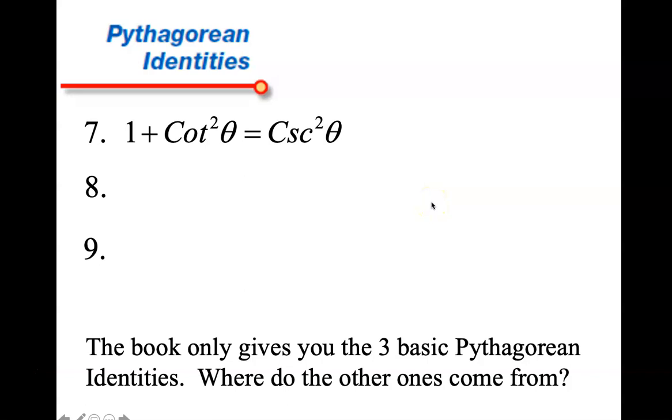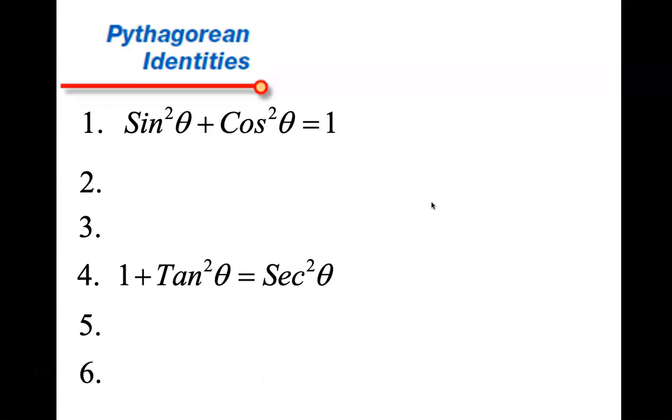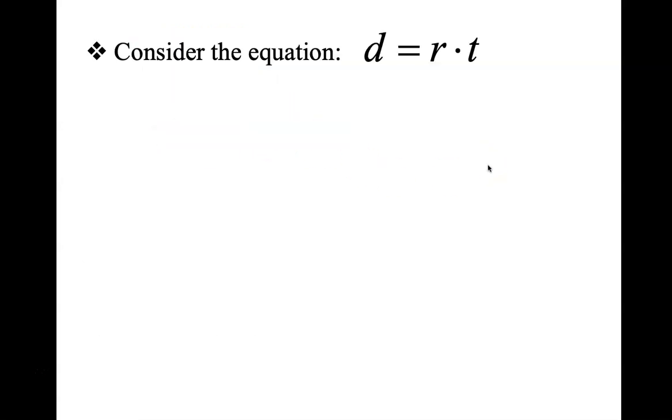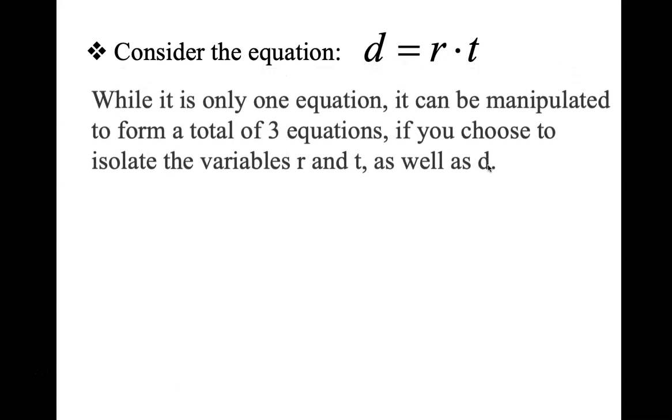So if they only give you 3 in the book, where do the others come from? Well, I'm going to show you when we have our Zoom meeting. They all come from strictly this one, but here's a better way to think of it. Again, this isn't your pre-cal, but it'll help. If I take the equation d equals r times t, distance equals rate times time, you probably learned it in your science classes.